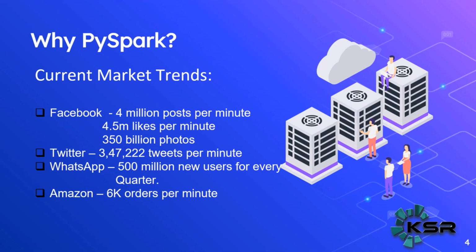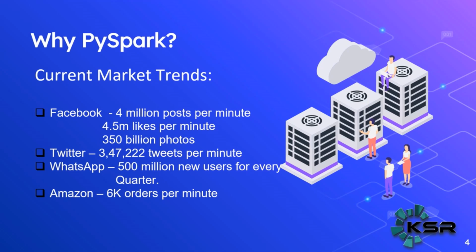It's not per day, it's per minute. And 350 billion photos are already uploaded on Facebook. And if you see the Twitter statistics, do you know how many tweets are generated per minute? 3,47,222 tweets are generated per minute.